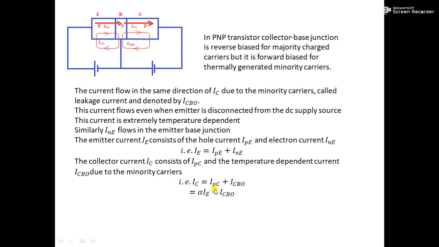So IPC is equal to, we can write, alpha IE plus ICBO. So thus we can say alpha is equal to IC minus ICBO by IE, and IB depends on IP, IPC, INE, ICBO, all these currents.